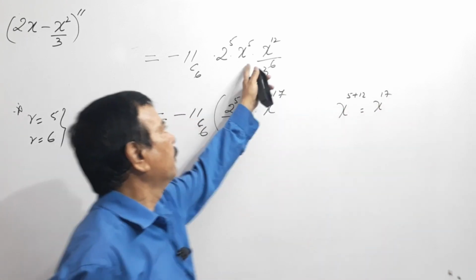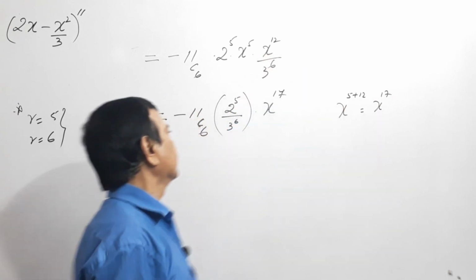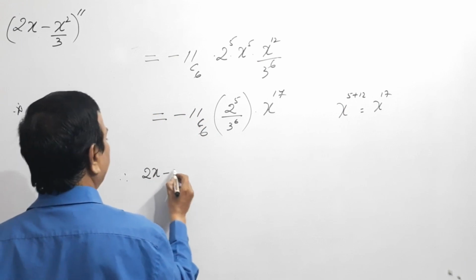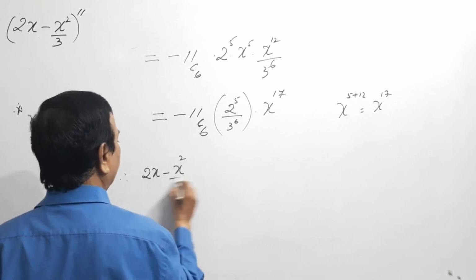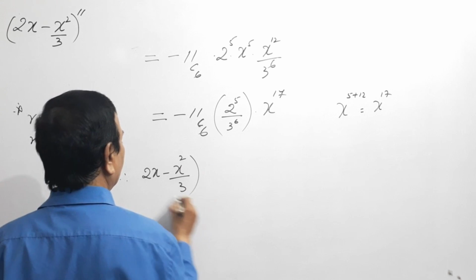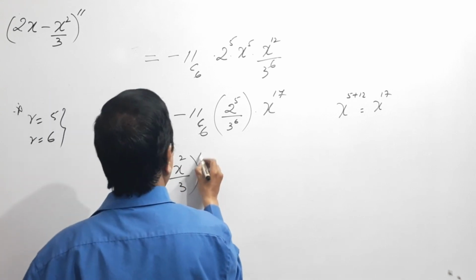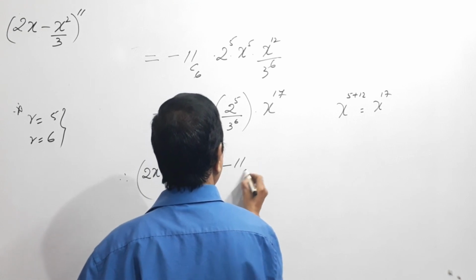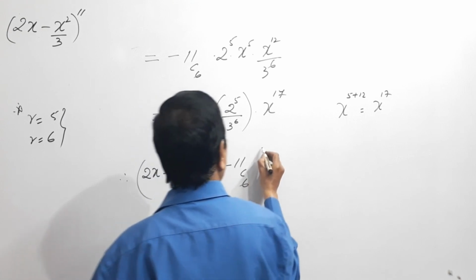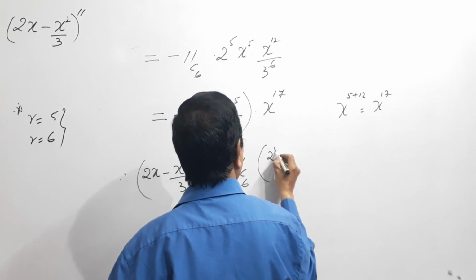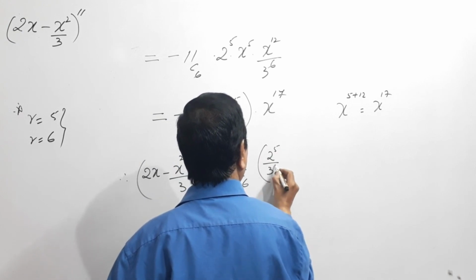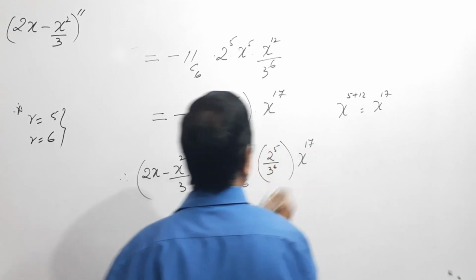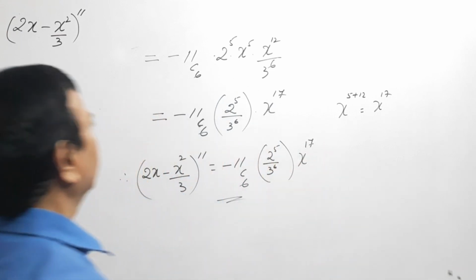Therefore (2x minus x squared by 3) whole to the power of 11 equals minus 11C6, 2 to the power of 5, 3 to the power of 6, x to the power of 17. This is the required answer.